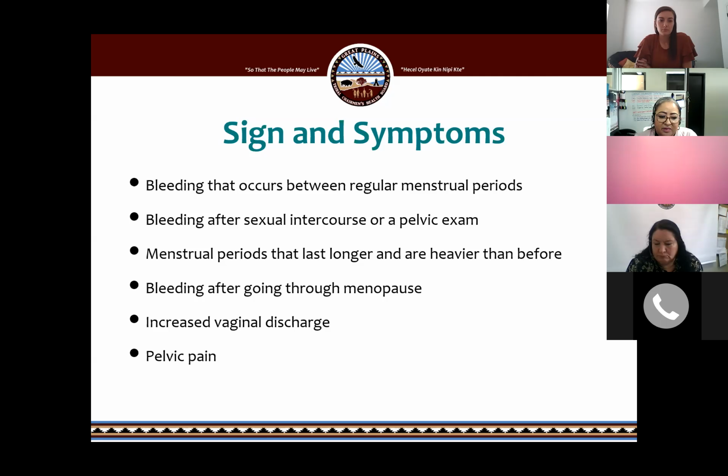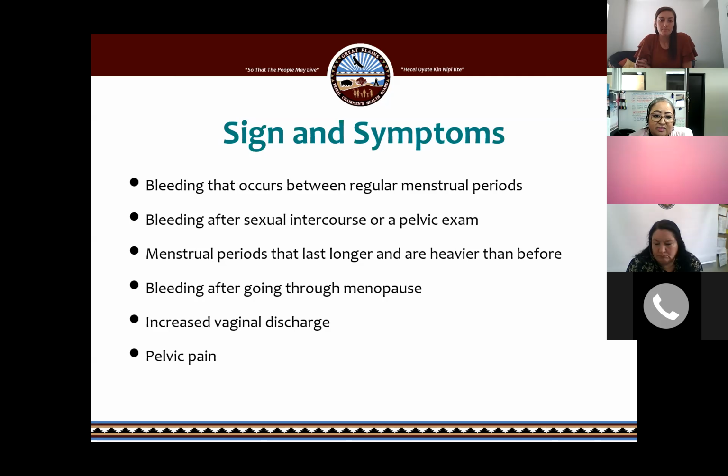Cervical cancer is typically detected well before a woman recognizes any symptoms. But if a woman foregoes regular screenings, cervical cancer can go undetected in advanced stages, where a woman may discover that she has the following symptoms.